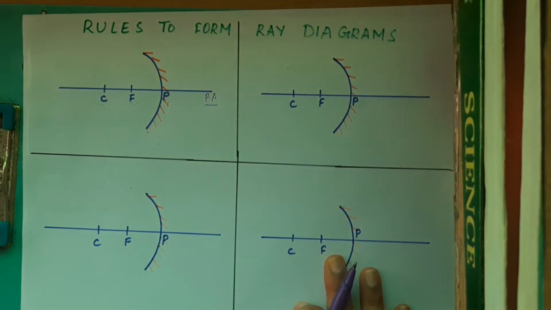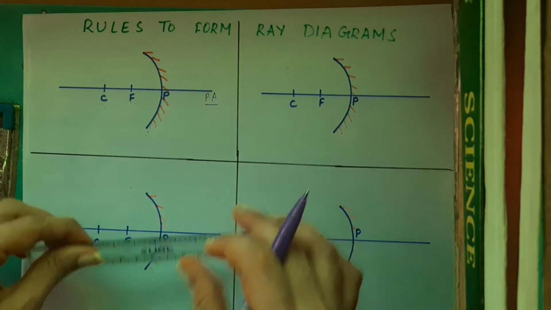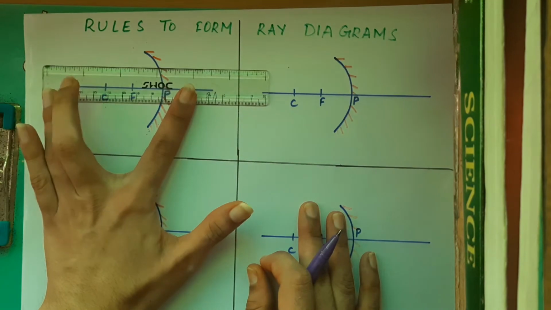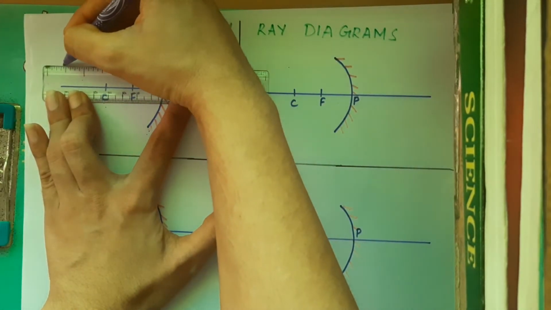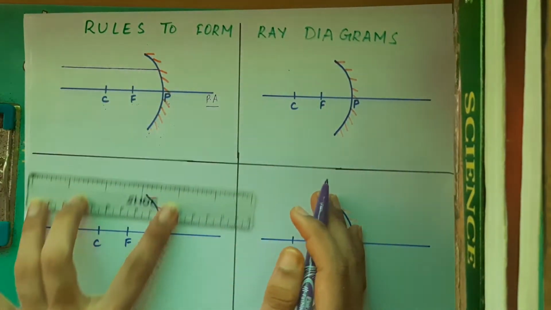So let's understand rule number 1 to form a ray diagram. Rule number 1 is: if the light is coming parallel to the principal axis, what happens to the light after reflection? Let me make the light ray parallel to the principal axis. So I'm making a light ray which is coming parallel to the principal axis, right?